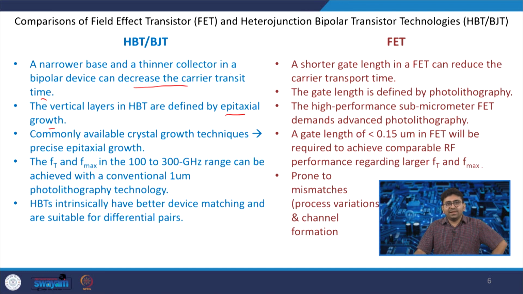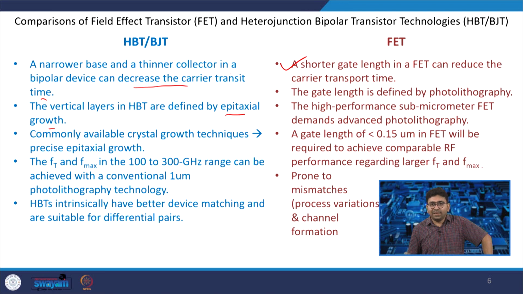And HBTs intrinsically have better device matching and are suitable for different pairs, because BJT has an input impedance which can easily be matched. Now, we see about FET. A shorter gate length in FET can reduce the carrier transport time.